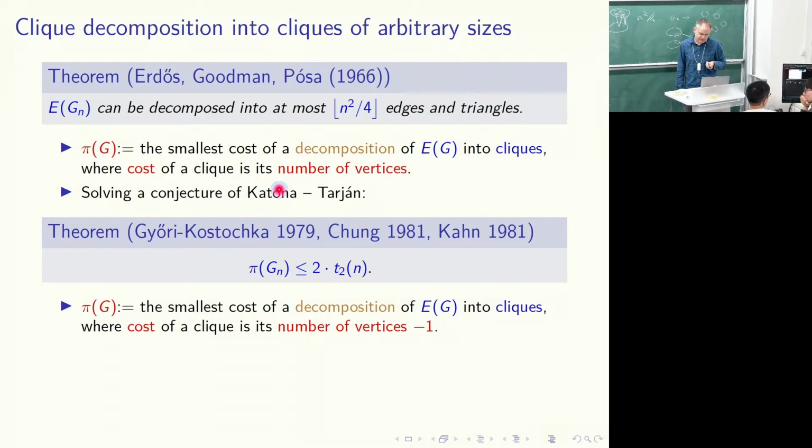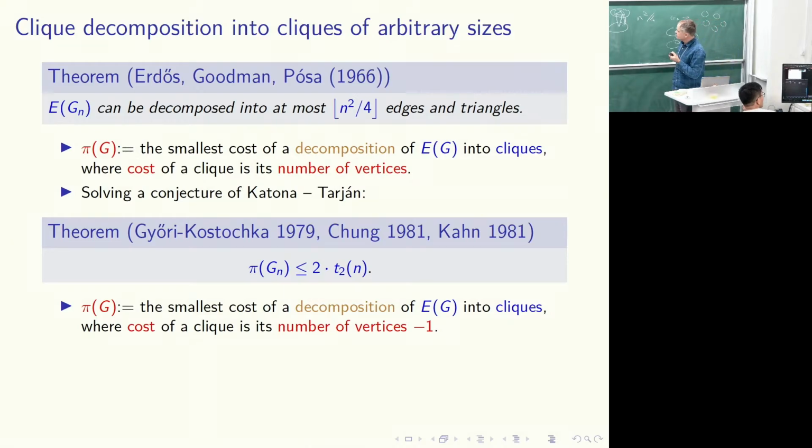It raised the question of what is a more challenging way of assigning weights, and sometime after, people, maybe Erdős as well, proposed giving weights such that the weight of a clique is the number of vertices minus 1.